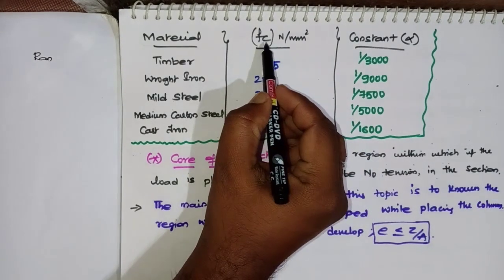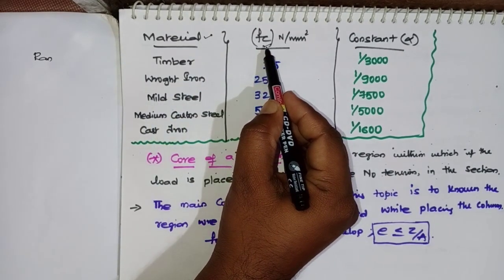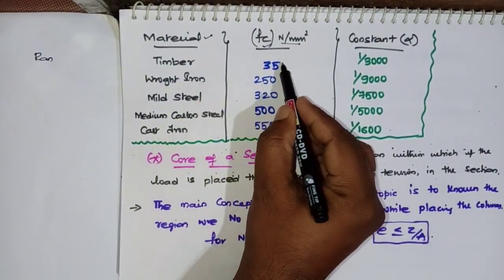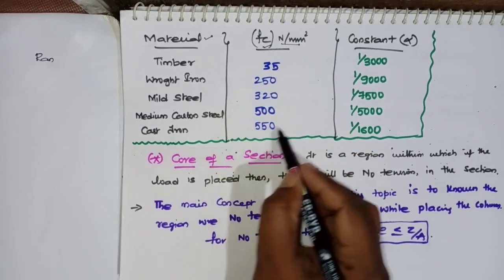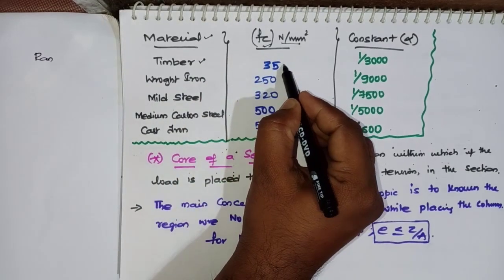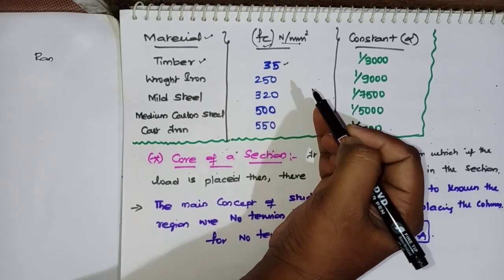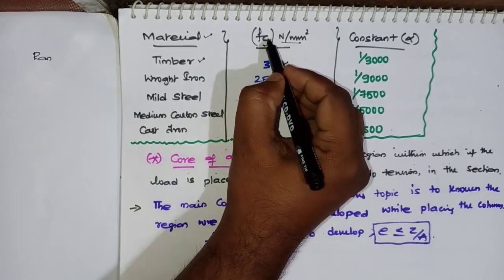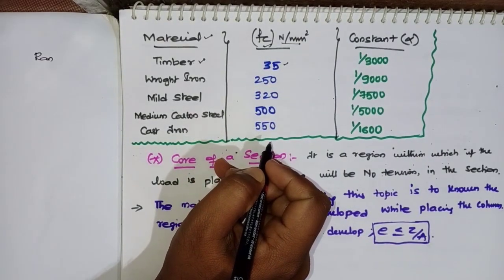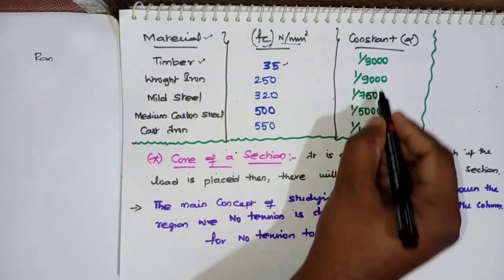Now these are the materials, along with the ultimate crushing strength value in Newton per mm square and the alpha constant value. I have written them in ascending order. In our regular classwork problems they will give either the value directly, but because this is a competitive exam, they will give the type of material and you have to choose these values.